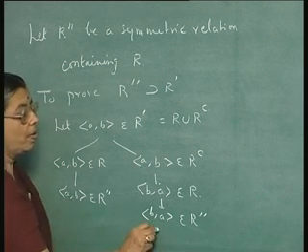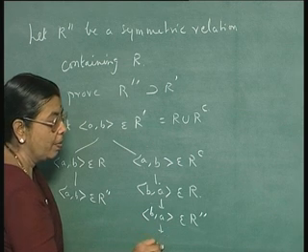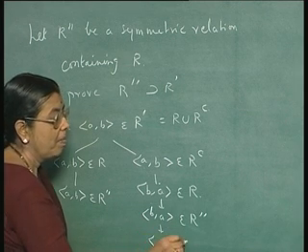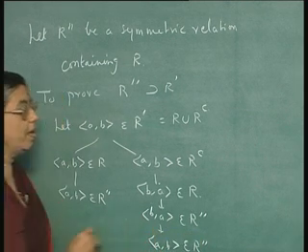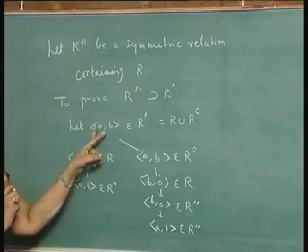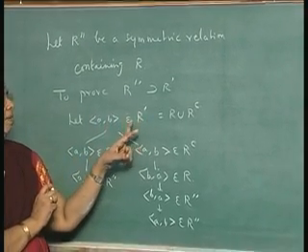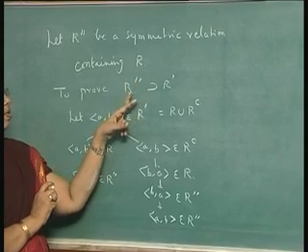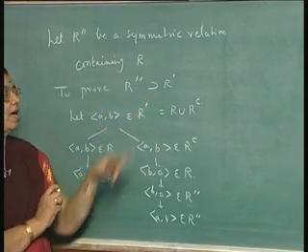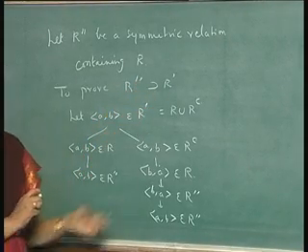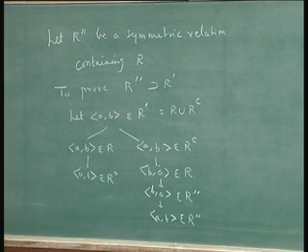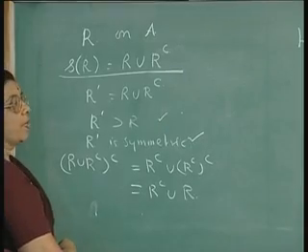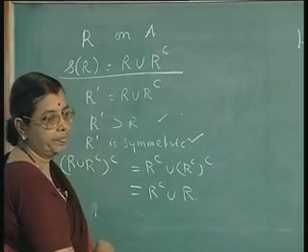So, from this you conclude AB belongs to R2 dash. So, whenever you take a pair AB belonging to R dash, it also belongs to R2 dash. So, R2 dash contains R dash. Okay. So, the third property is also satisfied. So, the symmetric closure of a relation is given by SR is equal to R union RC.